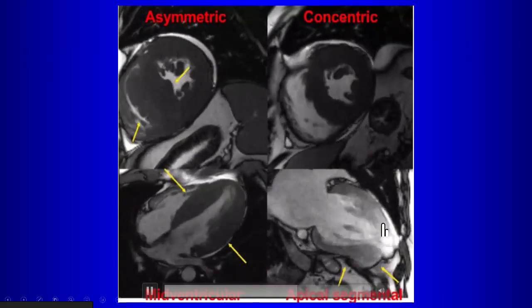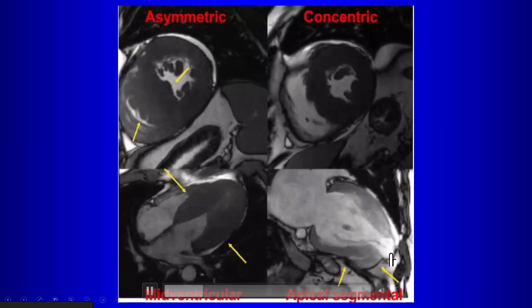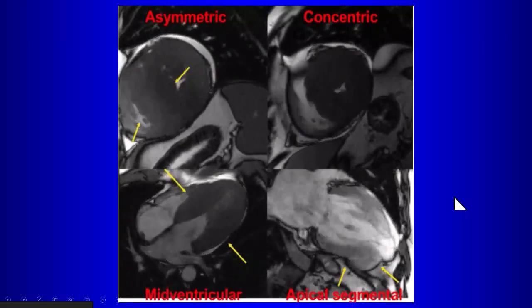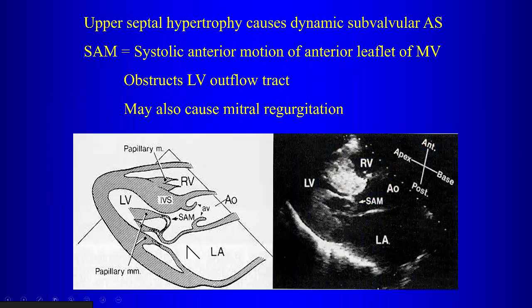And this apical form can often be associated with that little aneurysm that occurs here at the apex in these patients, okay, because of the apical hypertrophy. So those are the various forms that we might see. Some other terms that are symptomatic with hypertrophic cardiomyopathy. We talked about SAM. What happens is that because of the high velocity flow in the outflow tract, the anterior leaf of the mitral valve can move in, get sucked into the outflow tract.